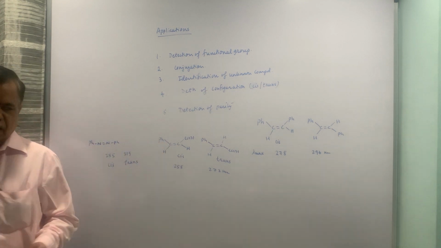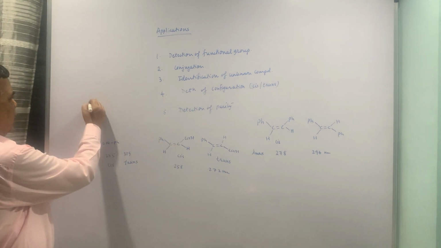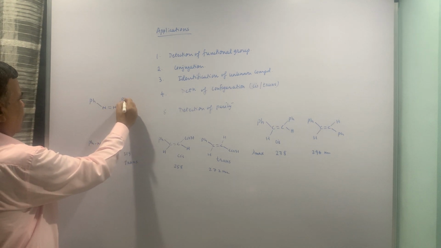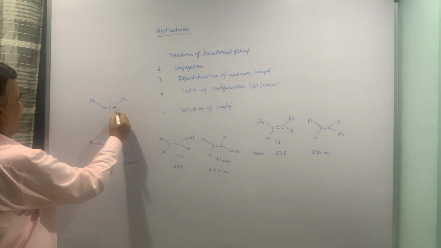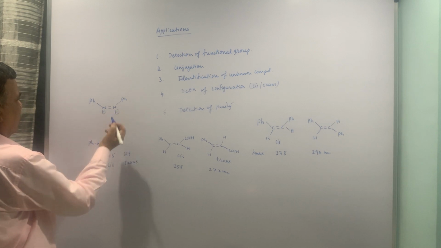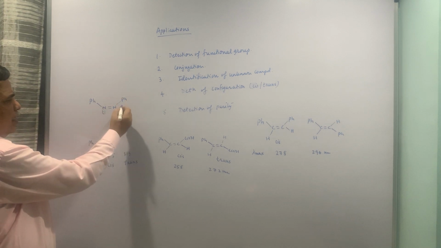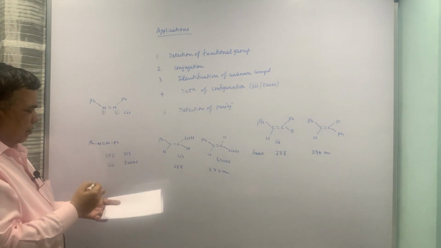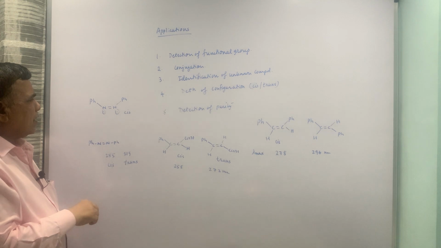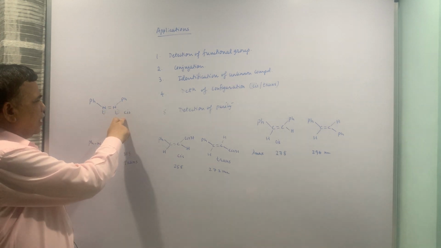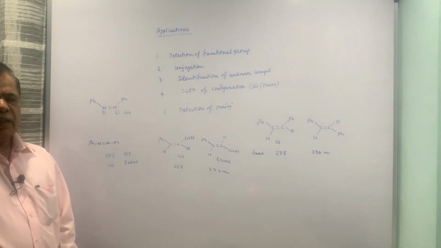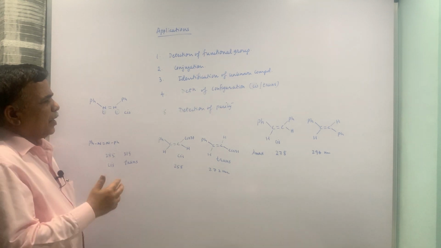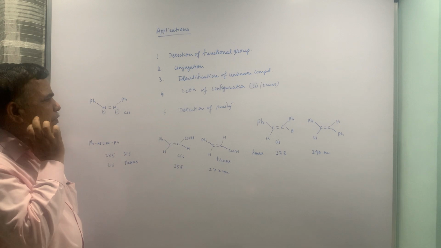So in this case simply you can draw the rings. The other side would be the lone pair. So naturally this is cis isomer, and if I draw phenyl ring here and lone pair there, it is going to be trans isomer and so on. So you can determine the cis trans configuration with this.